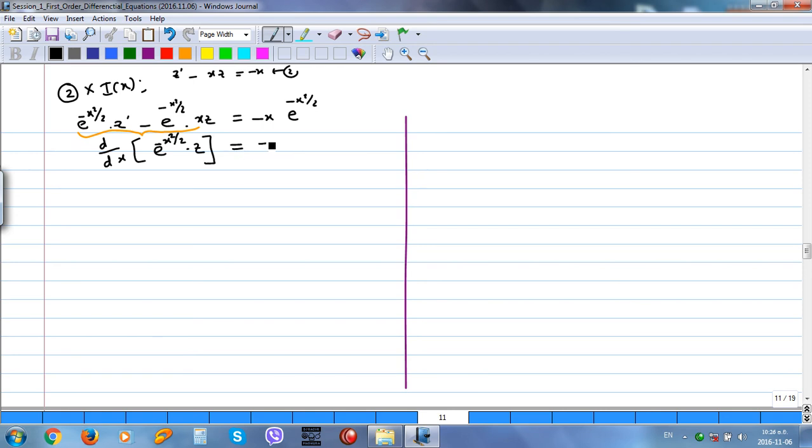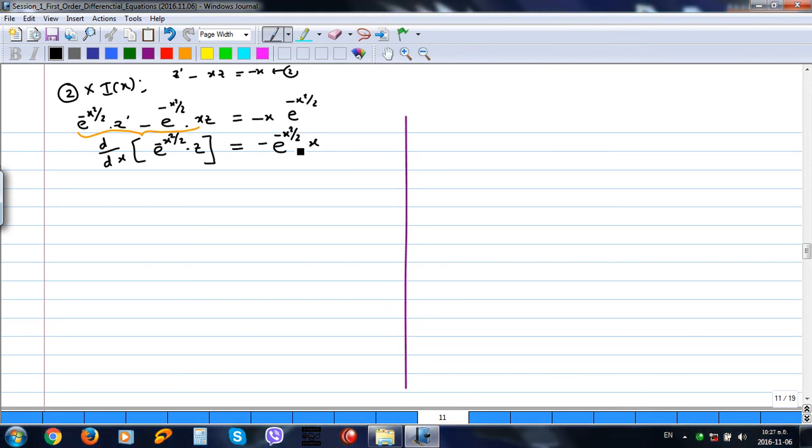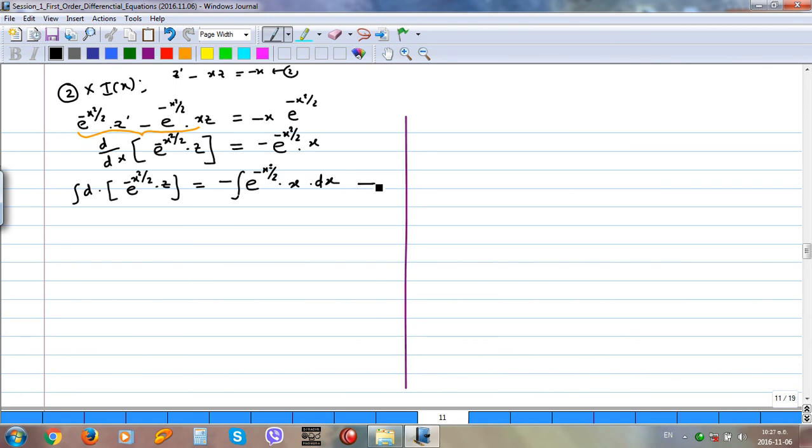This side in the same way, e to the power minus x squared over 2 times x. And so you can integrate both sides. So then the integral: e to the power minus x squared over 2 times z equals minus the integral of e to the power minus x squared over 2 times x dx. This is the third equation.